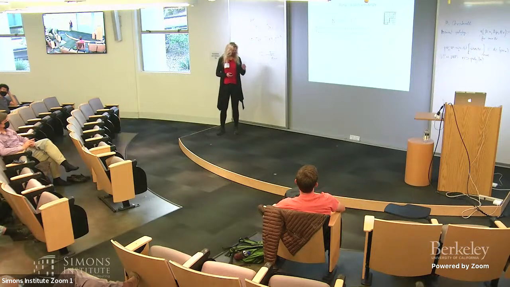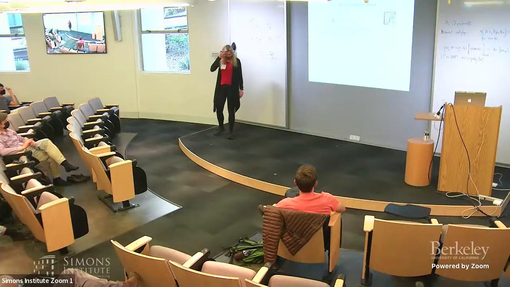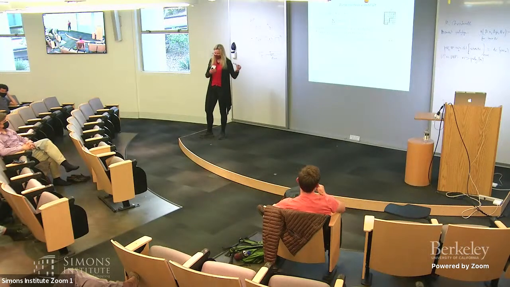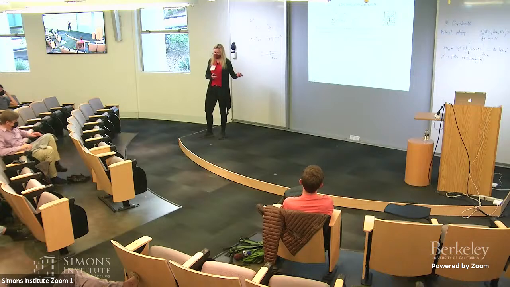Okay, so the Kronecker coefficient, as we were just saying, goes with the characterization of the determinant.